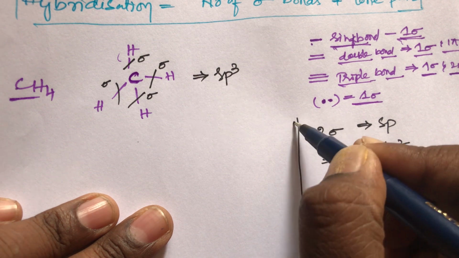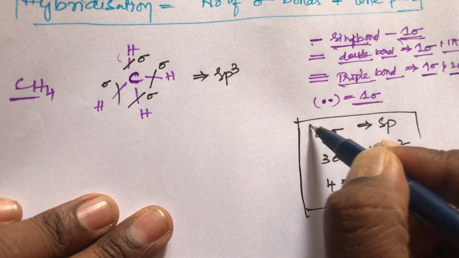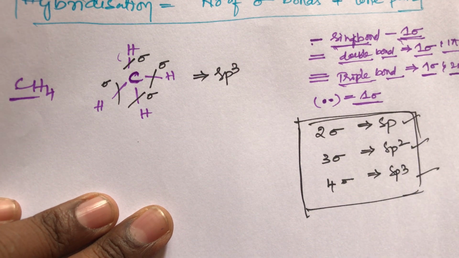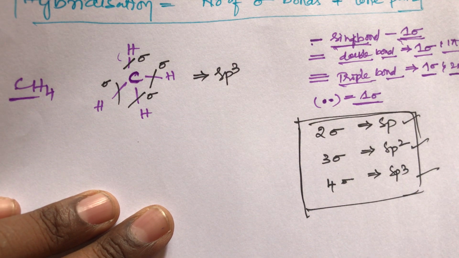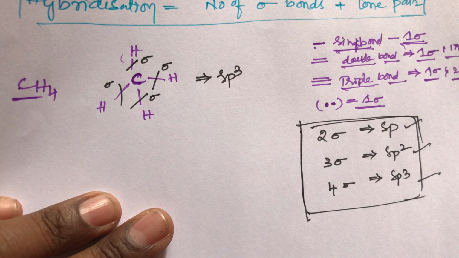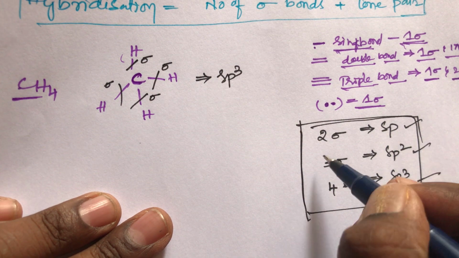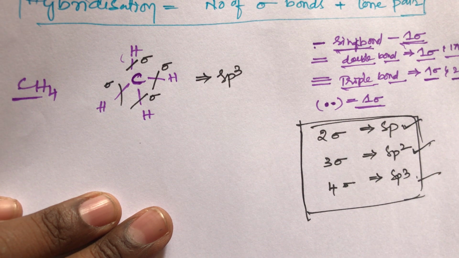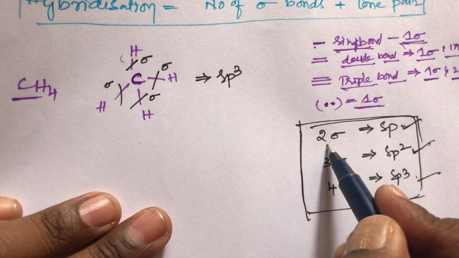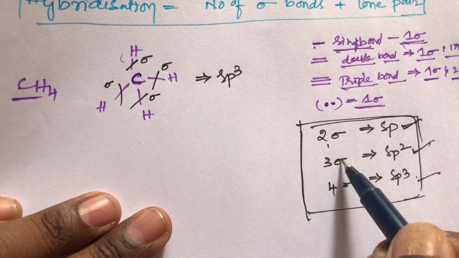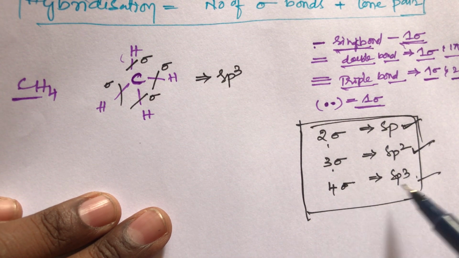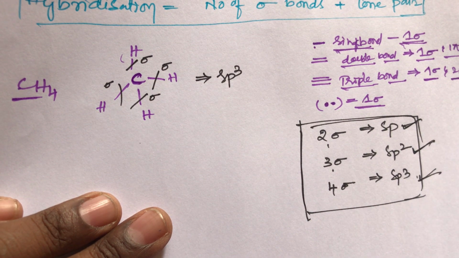In organic chemistry only three types of hybridization are possible: sp, sp2 and sp3. sp3d is not possible, because organic chemistry depends completely on carbon. This is the simple trick, students.